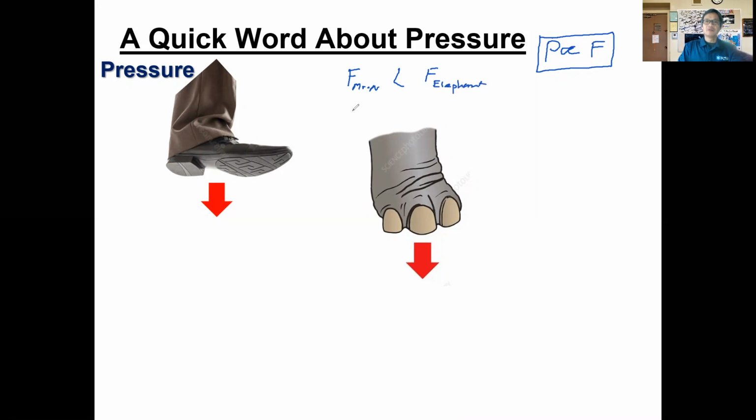Therefore the pressure that I exert is going to be less than the pressure the elephant exerts. With that said, I think that makes it pretty obvious that the force is absolutely related to the pressure that an object feels.